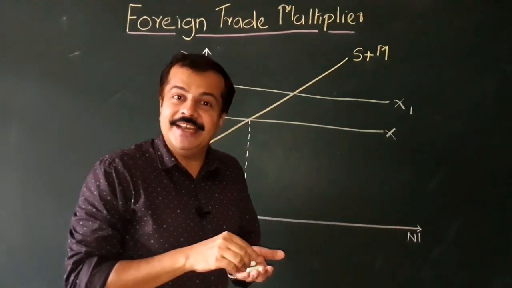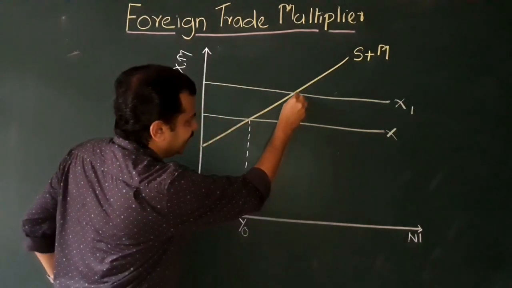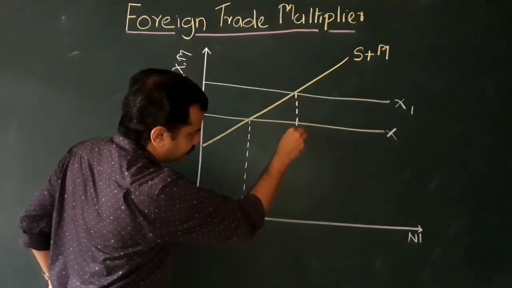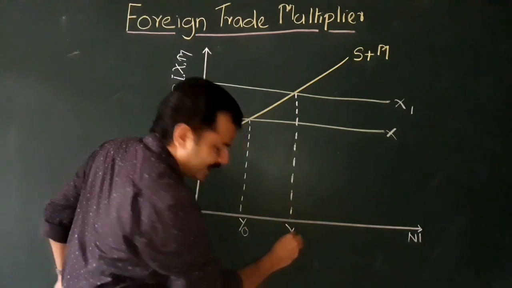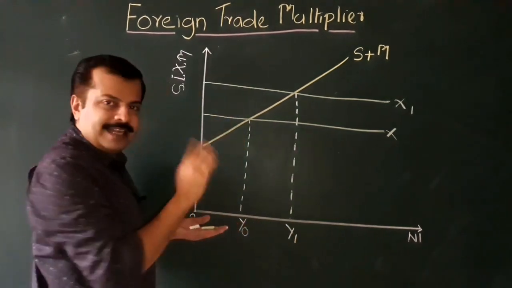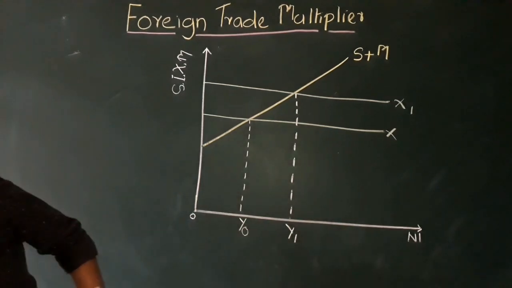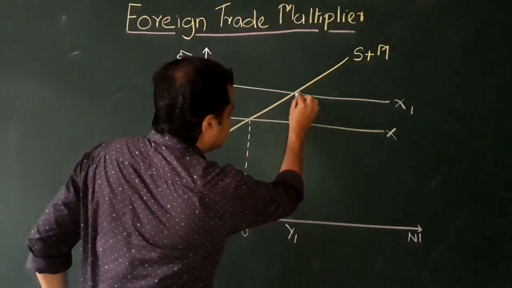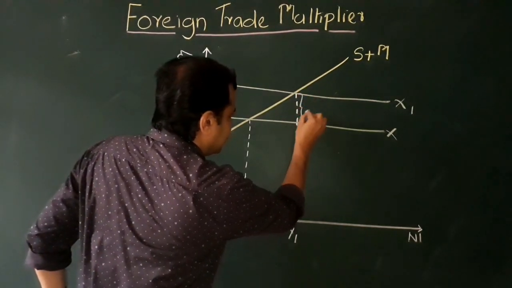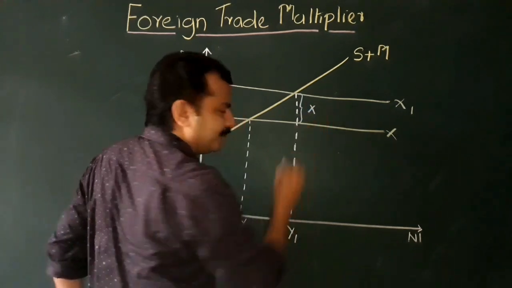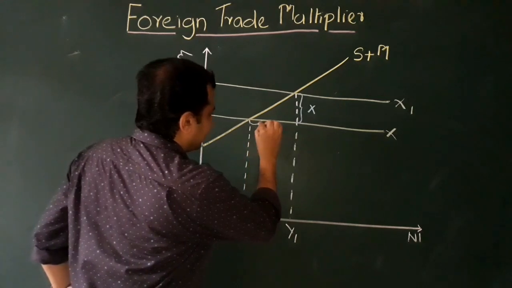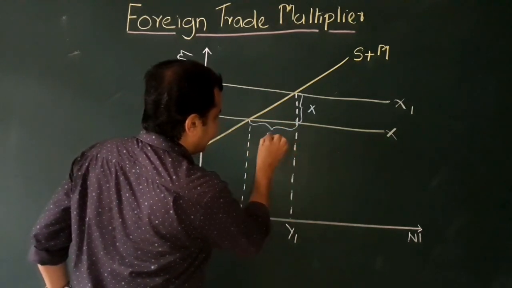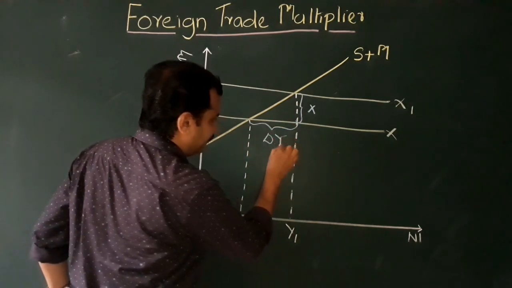Now we will have a new equilibrium position. See here, let me call it y1. As a result of the change in export, it causes an expansionary change in income.